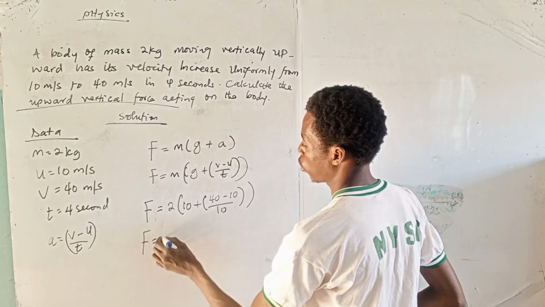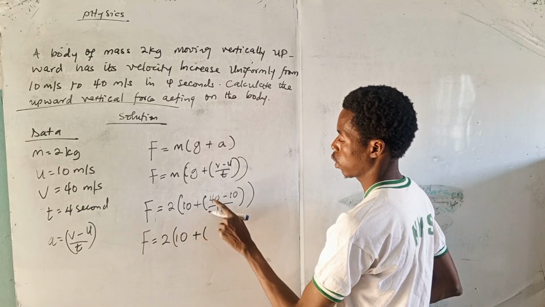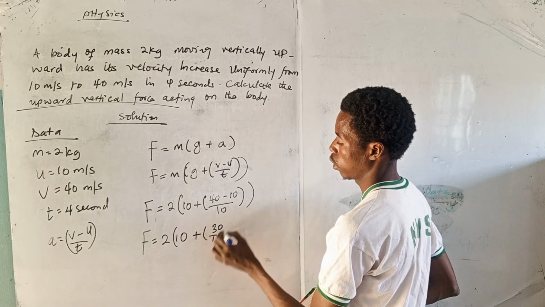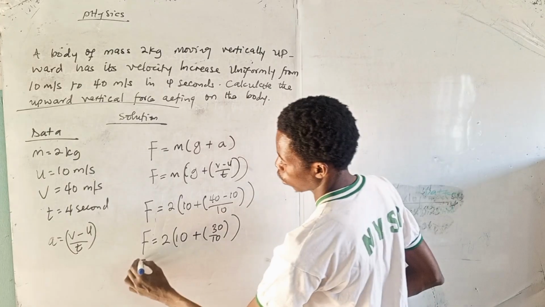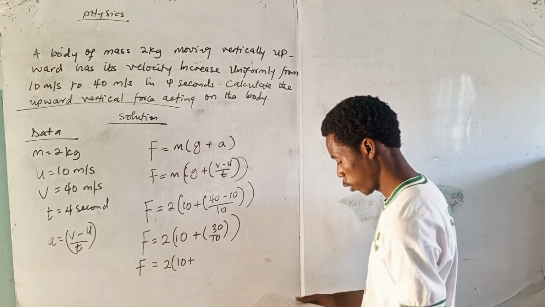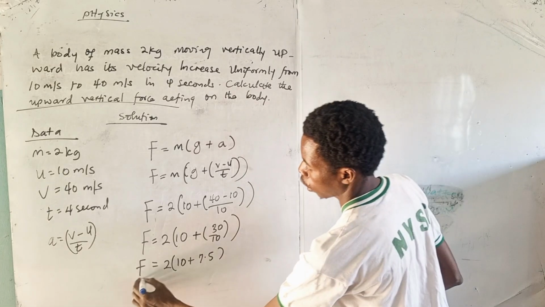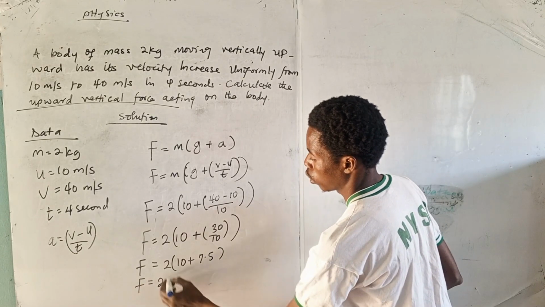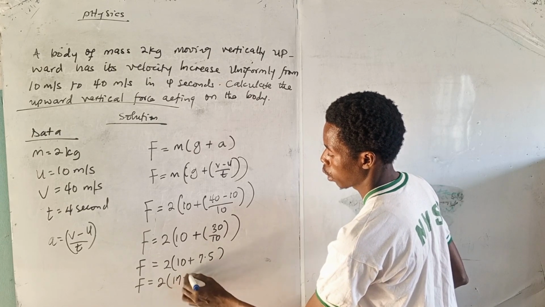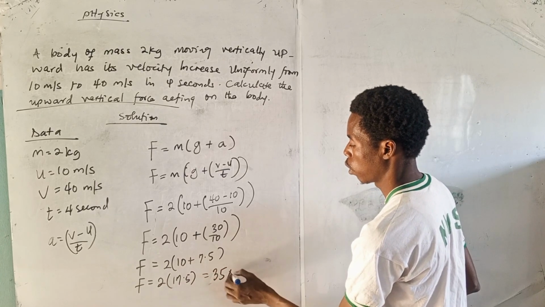Now F equals 2 open bracket 10 plus, then this bracket 40 minus 10 is 30, divided by 4, close bracket, close bracket. Now F equals 2 open bracket 10 plus 30 divided by 4. So 30 divided by 4 will give us 7.5. So again, F equals 2, then open bracket 10 plus 7.5 will give us 17.5, and 2 times 17.5 will give us 35 Newton.